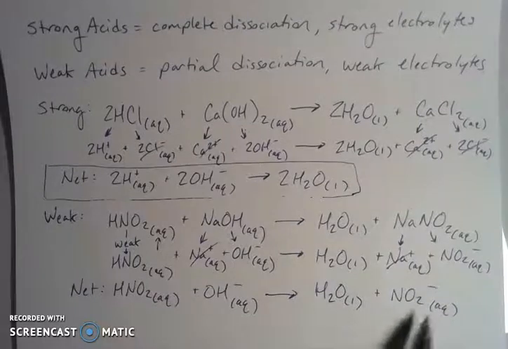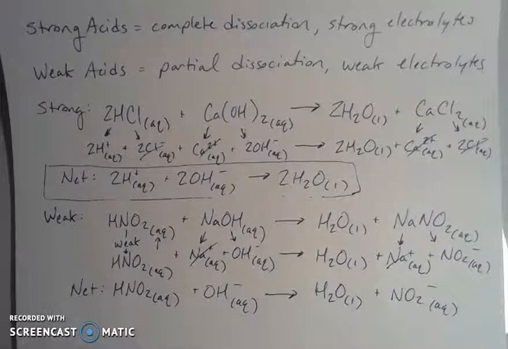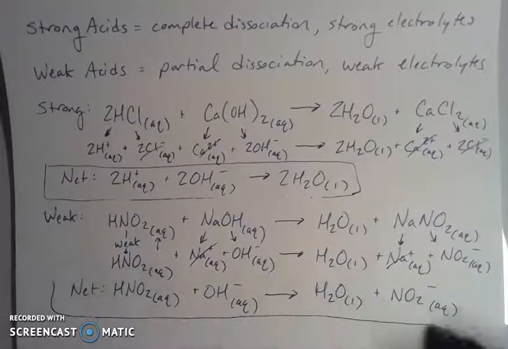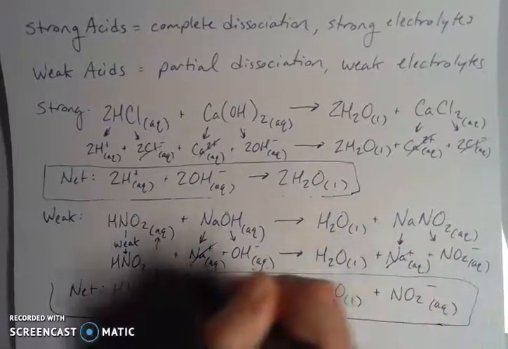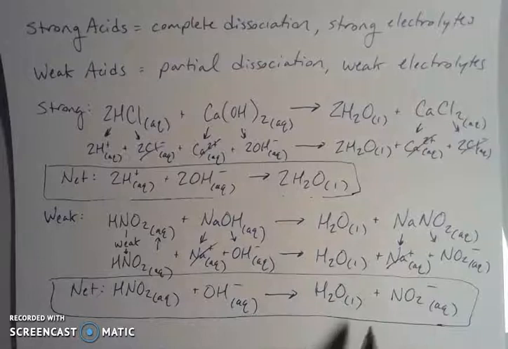And because I don't have as many ions on the product side, there are some ions here, but these ions are reacting. This is going to be a messier process, and we'll actually get into this kind of behavior, this weak acid behavior, which can reach a state called equilibrium, in later videos when we talk about equilibrium and equilibrium constants.